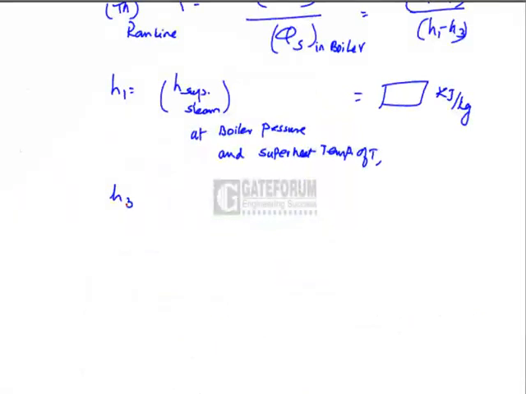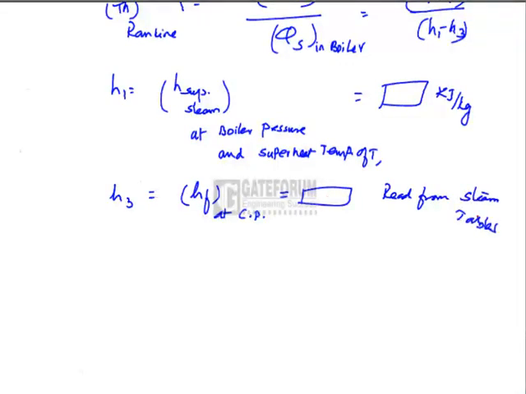And H3 is equal to HF, or saturated liquid enthalpy at condenser pressure, that is also read from steam tables, just similar to superheat enthalpy is taken from superheat tables.